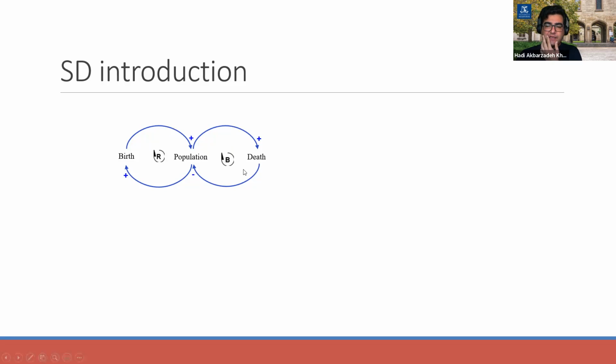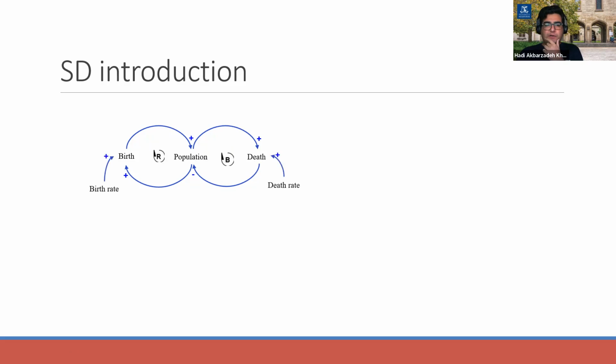Or we can have a balancing loop, which means there is a negative relationship here, and that makes a balance. So the population and death relationship is balancing. As population increases, death tries to balance the population.